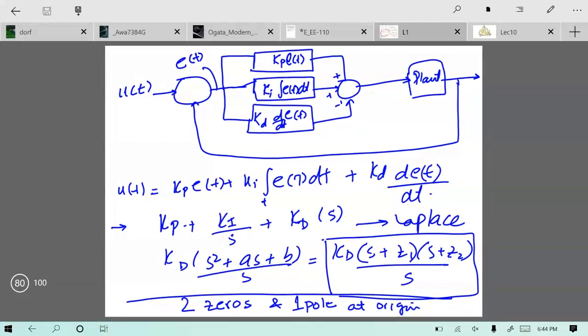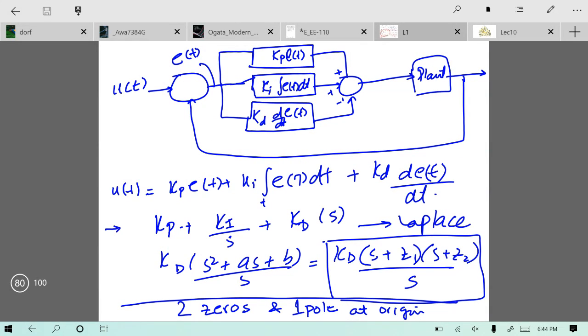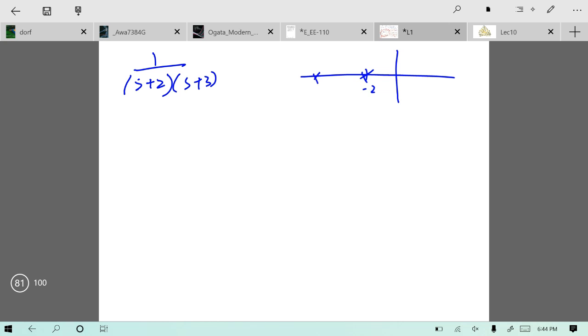Let's take an example of the effect of these two zeros and one pole on any system. For example, if I have a system 1 over s plus 2 into s plus 3, which means one pole at minus 2 and one pole at minus 3.